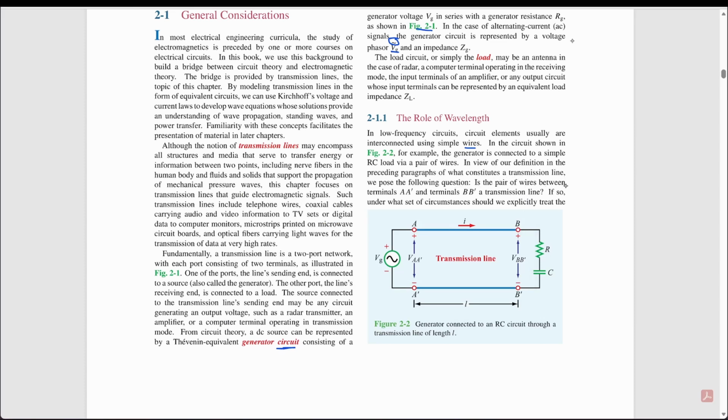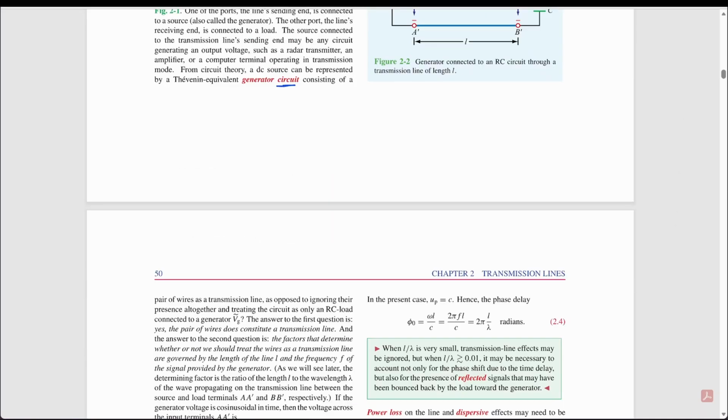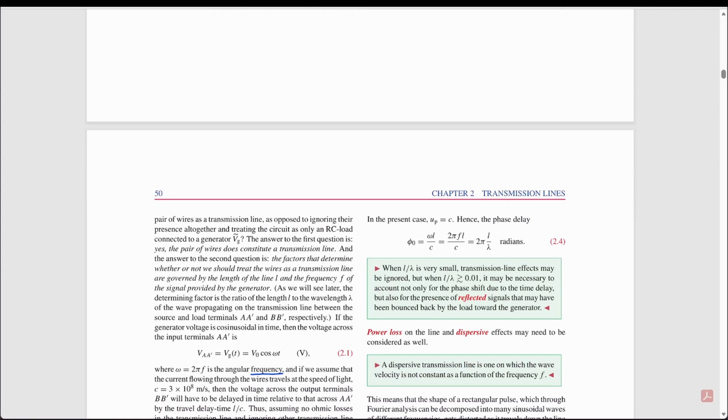Is the pair of wires between terminals A, A', and terminals B, B' a transmission line? If so, under what set of circumstances should we explicitly treat the pair of wires as a transmission line, as opposed to ignoring their presence altogether and treating the circuit as only an RC load connected to a generator? So what's different in here? Why do we even have the concept of transmission lines?